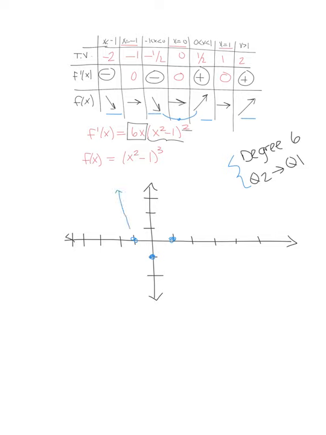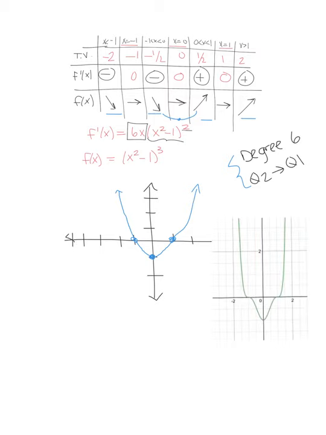It's going to hit this critical point, and because it's a degree 6, and because of the way that our arrows are going, it's going to flatten out a little bit, and then it's going to start heading back up like this into quad 1. I am going to attach an actual Desmos picture just so that you could see exactly what's happening, because this sketch is very rough, and then we will start talking about concavity.